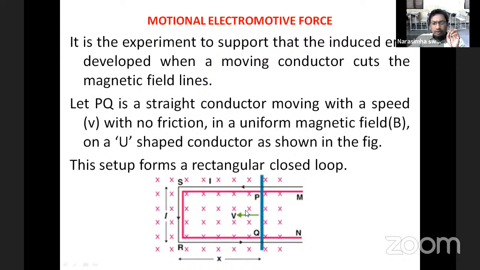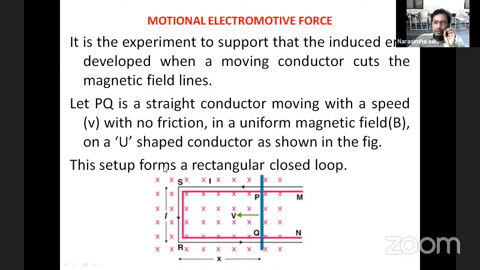Then the size of this rectangle is changing, and automatically the number of lines of force entering this surface area also changes. So PQ is a straight conductor moving with speed v with no friction, in a uniform magnetic field B, on a U-shaped conductor as shown in the figure.